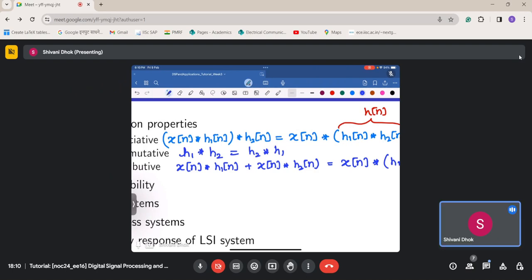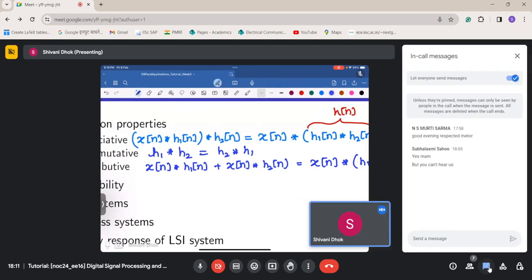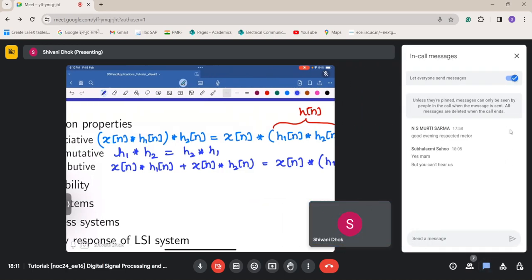This is not a transform, this is a property of convolution. Convolution as a function. This has nothing to do with transforms and other things. This is properties of convolution as a mathematical function, nothing else.